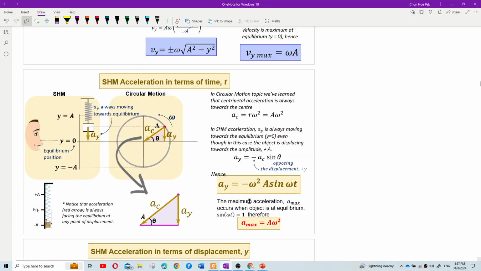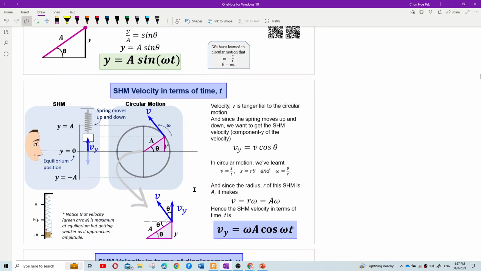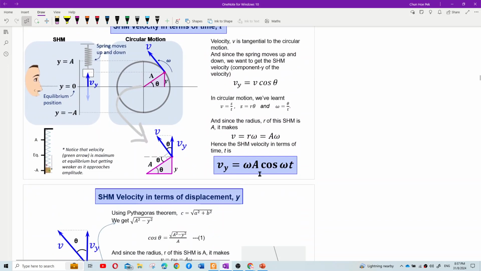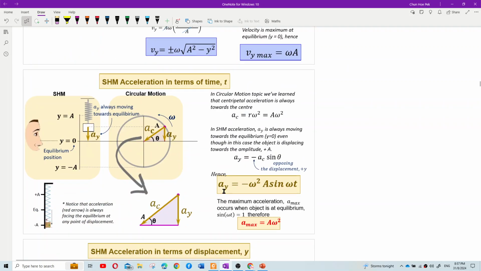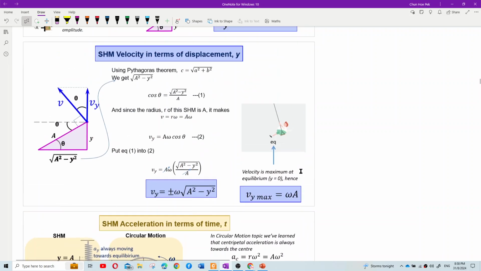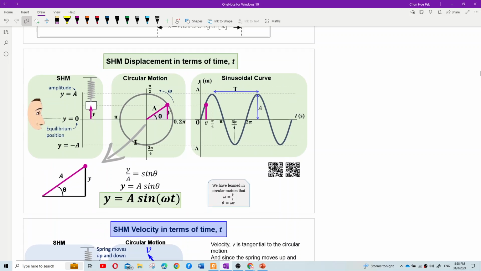And what's the equation? This is the equation: y equals a sine omega t, v equals a omega cos omega t, and acceleration equals negative omega squared a sine omega t. That's the formula. And how do you get this formula? That is what we're going to discuss later on. But maybe today we just stop at this one equation only. Look here.